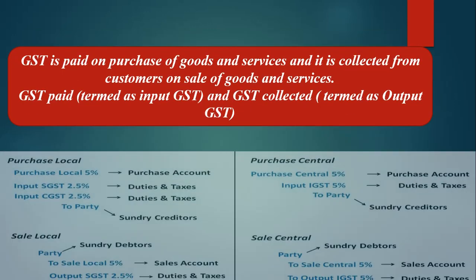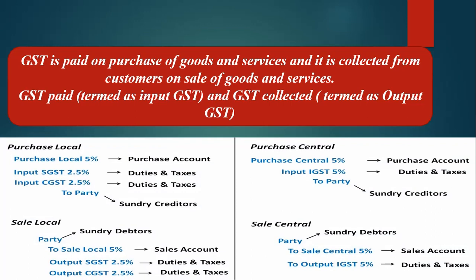Now, GST is paid on purchase of goods and services and it is collected from customers on sale of goods and services. GST paid is termed as input GST and GST collected is termed as output GST.